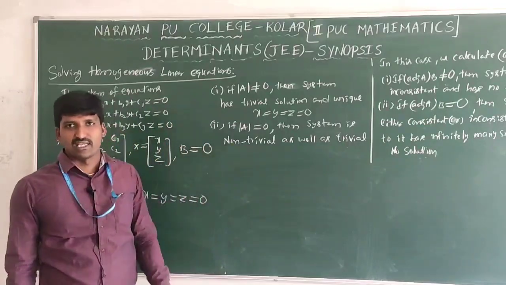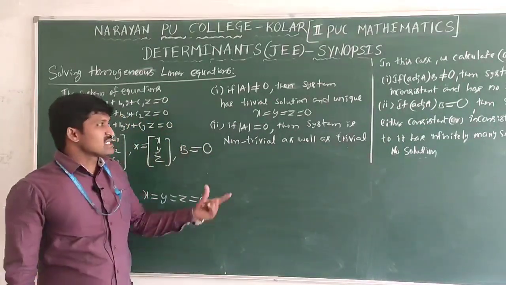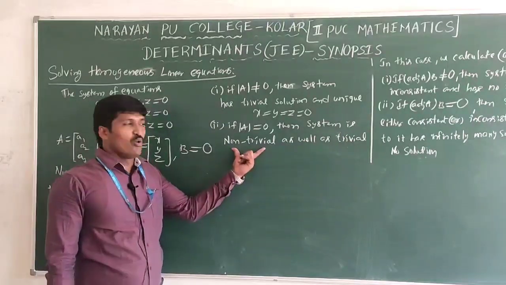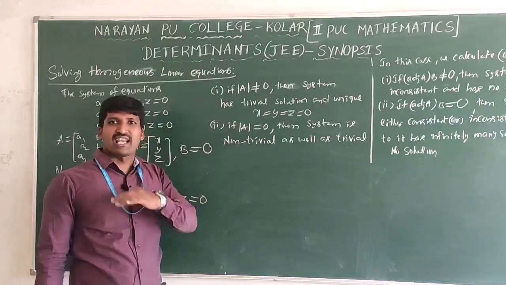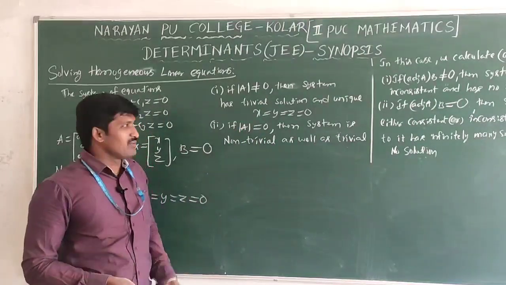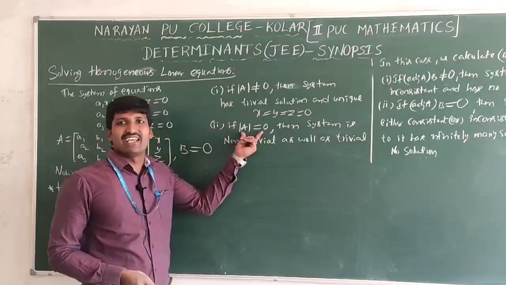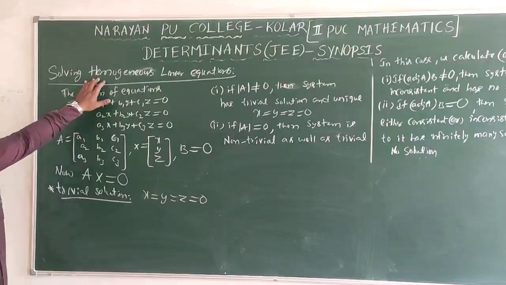Both possibilities are there. But one point we need to remember: when the system of equations is non-trivial, we need to consider det A equal to 0. Maximum questions are asked based on this condition. Non-trivial means we use the formula det A equal to 0. This is a simple way of solving homogeneous equations.